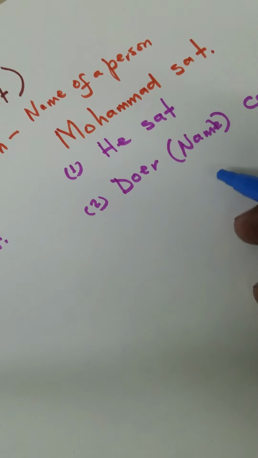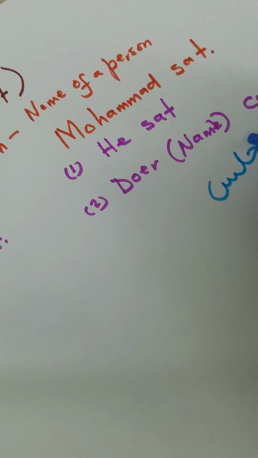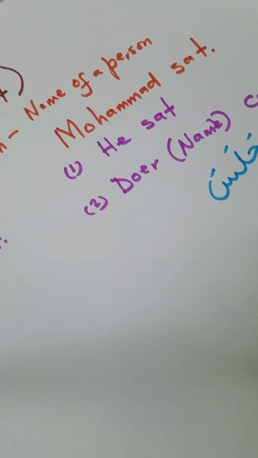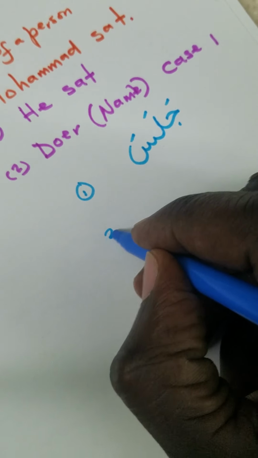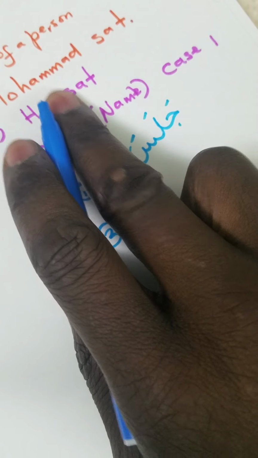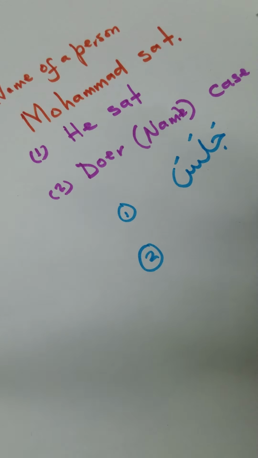If you want to say he sat, you'll put jalasa, that is step number one. Then step number 2, who sat? Muhammad. But Muhammad is going to be put in case 1, which is Muhammadun.